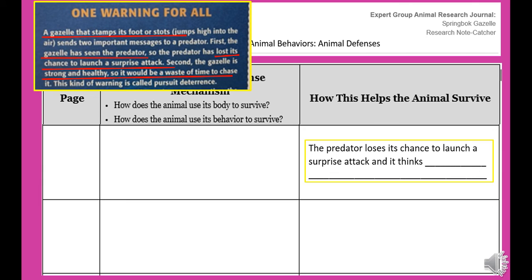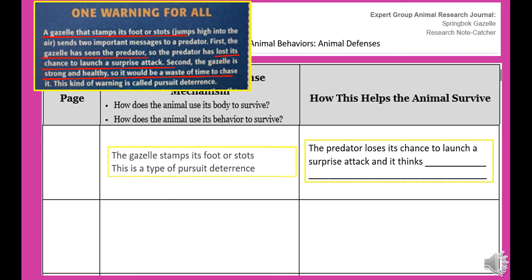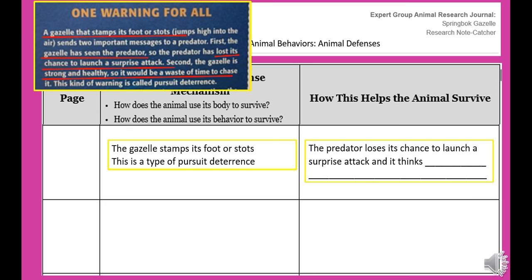And so we're going to take that information from the text and add it to our chart in the second box. The page number is page 65, and then in the second box we're going to write down that information from the text. Pause the video now so that you may have time to complete this in your research journal.